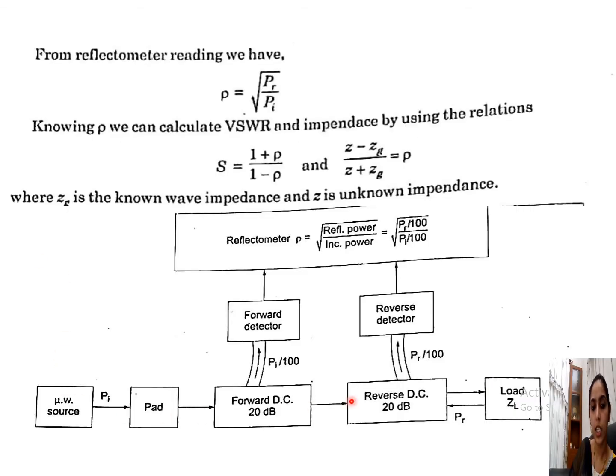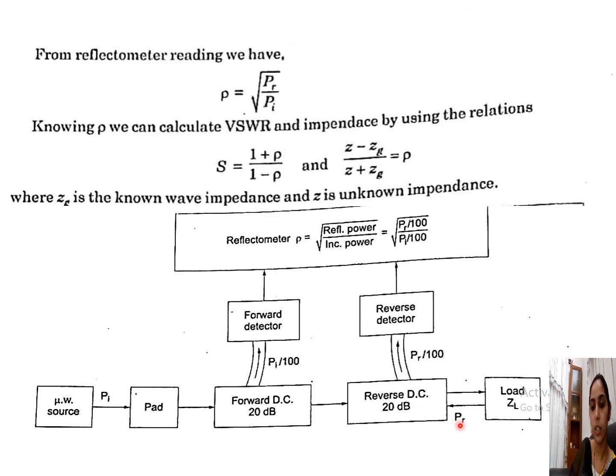So this is the setup which we are going to employ to find out the unknown load impedance. The unknown load is placed here. This is again a microwave bench setup. We have a microwave source and then an attenuator to keep the power in readable form, and we are using two similar directional couplers, but one is used to couple the input power and the other one the reflected power coming from the load.